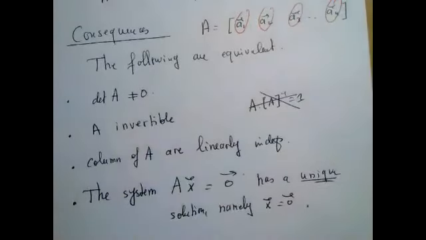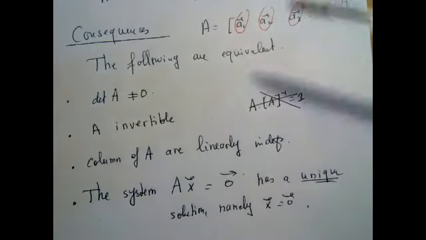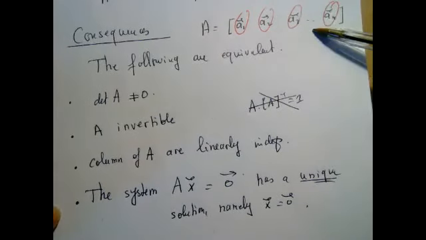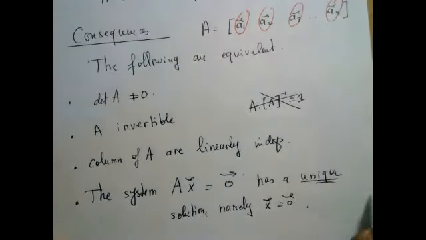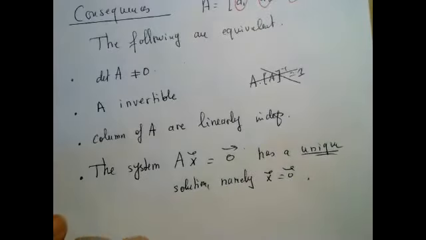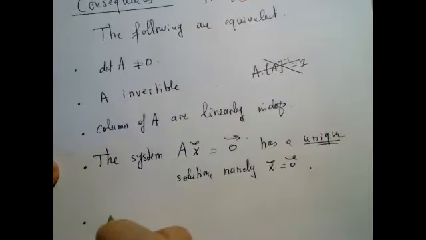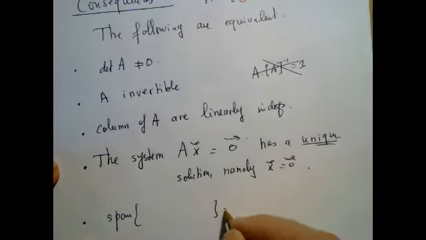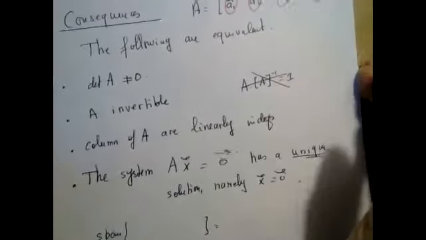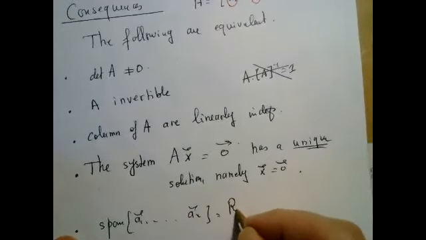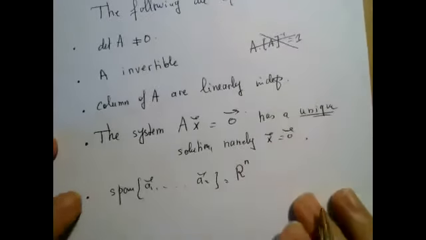Okay. So a non-zero determinant tells me that the matrix in question is invertible, the columns are linearly independent, and the system AX equal to 0 has a unique solution. And there are other things, of course, because of the invertibility. If I take the span, which means all the possible linear combinations of the columns, I get every vector in Rn.